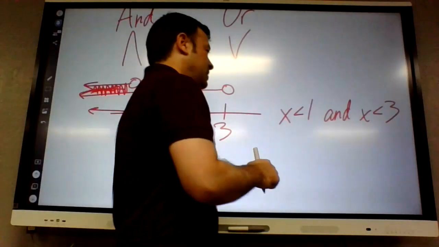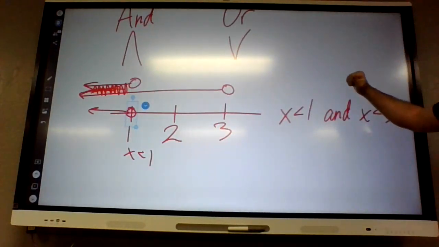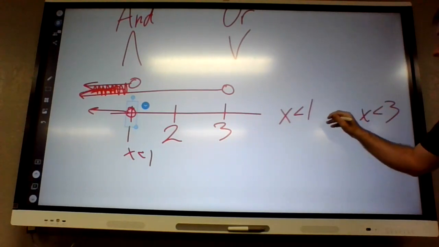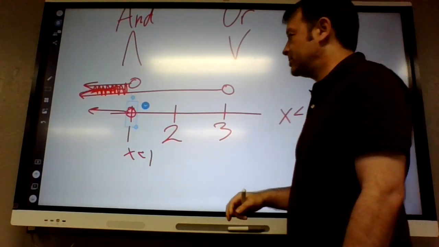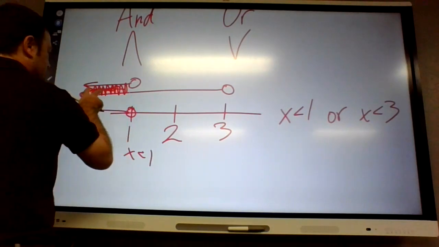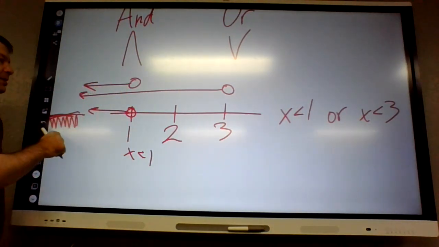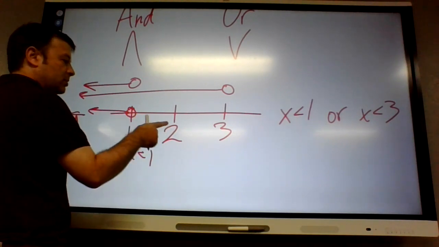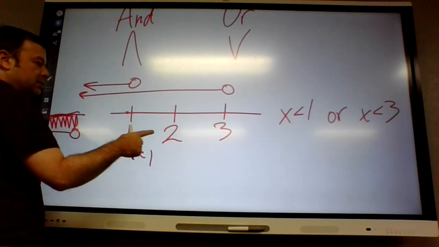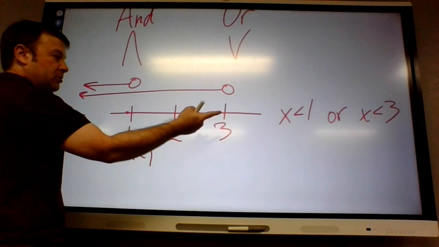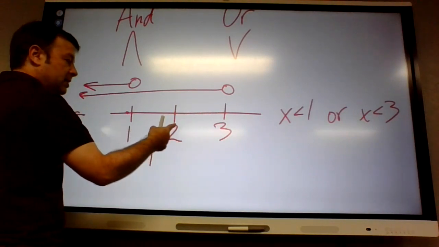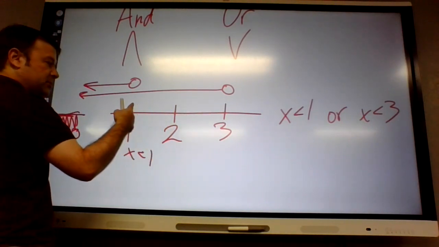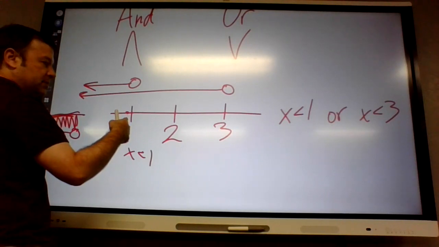However, what if I change this to an "or"? Now what's the answer going to be? Okay, is 2 less than 1 or less than 3? Yeah, because it meets one of the qualifications, right? Less than 3. Is 1 less than 1 or less than 3?